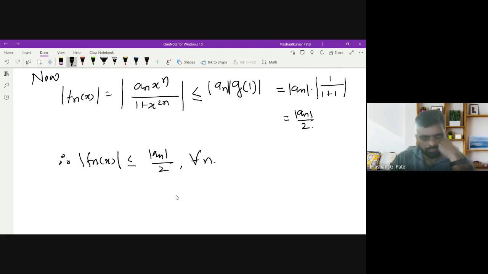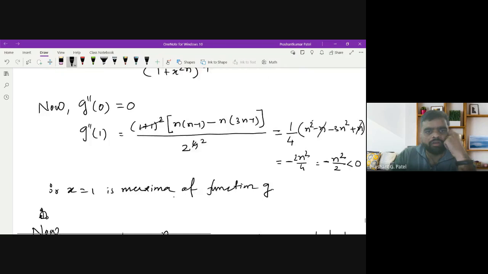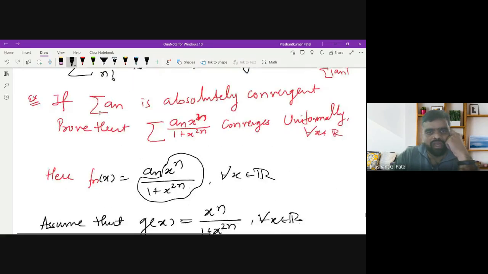And we have been given in the hypothesis that summation of an is absolutely convergent. That means summation of mod an is convergent, which is already there.